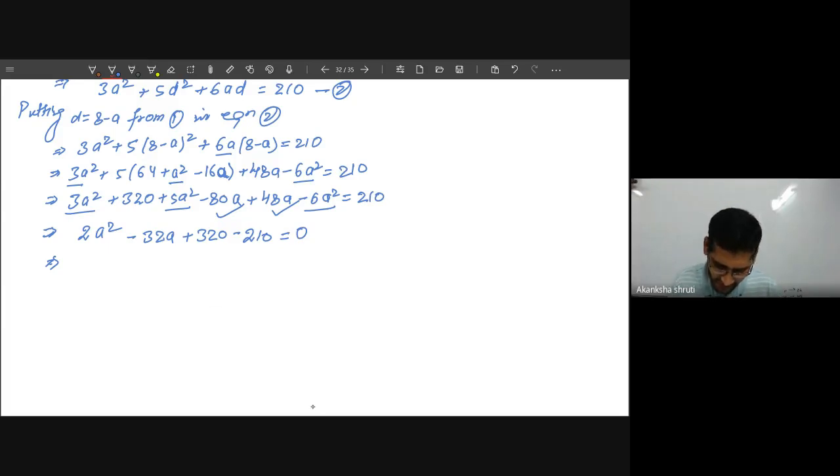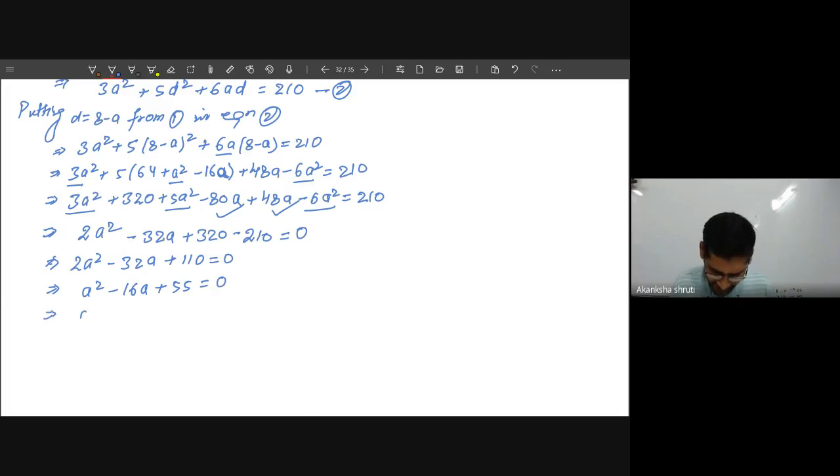Now for this constant term, you do the same thing. 2a square minus 32a. 320 minus 210 becomes 110. So 2a square minus 32a plus 110 equals 0. Now students, 2 can be taken common. a square minus 16a plus 55 equals 0.